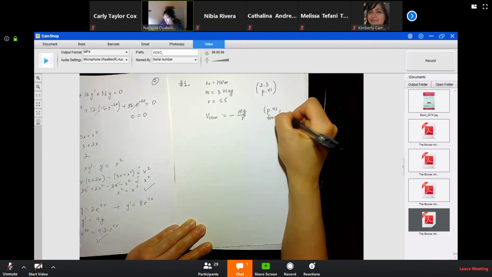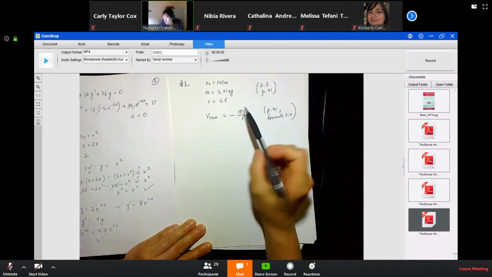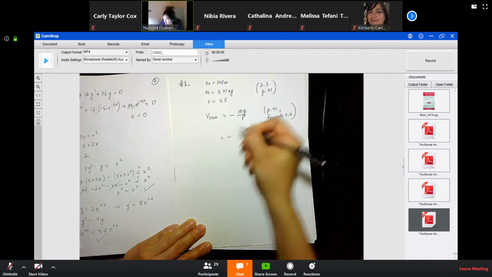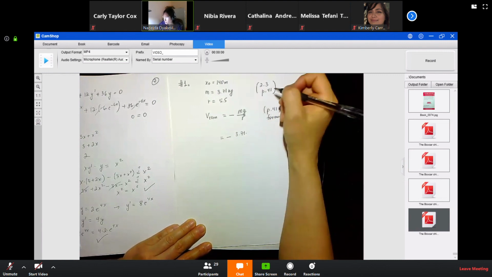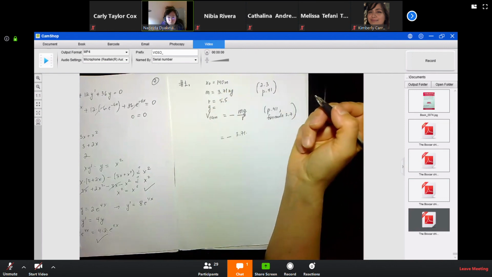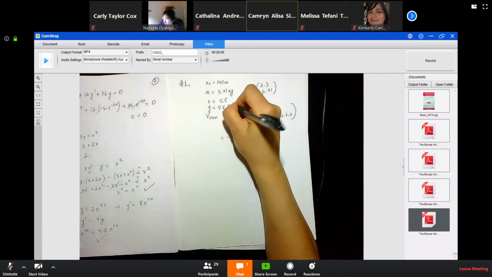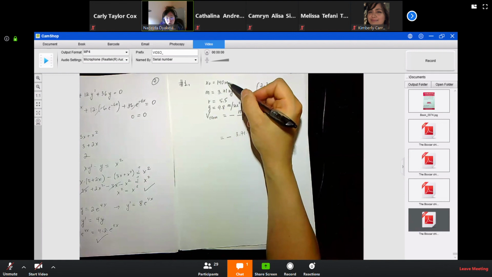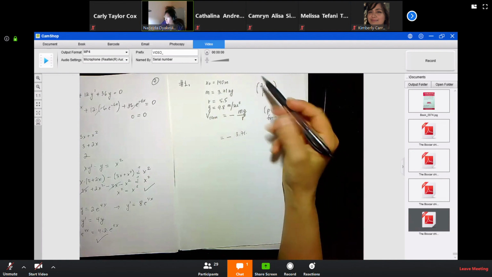Formula 3.7, and we're going to place all these values into the formula, and we should be getting our number. So G, by the way, what should we use for G? Any suggestions? Yes, very good, 9.8, because the height is given in meters, and that means we need meters per second.